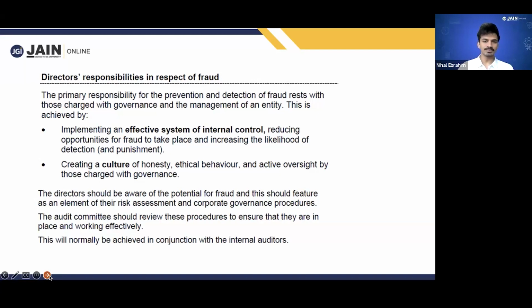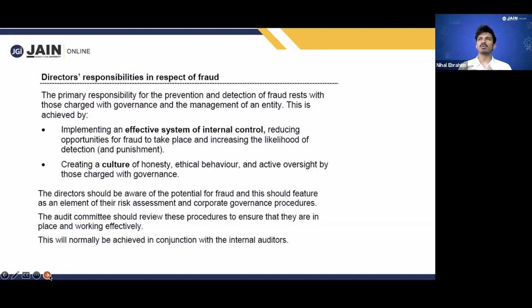That's direct controls. Okay. The second one is more indirect in nature because you're not exactly directly influencing fraud, but you're doing things which will influence fraud indirectly. You create a culture of honesty, ethical behavior, and active oversight. By doing all this, you can ensure the integrity of your employees, and because of that, fraud will be reduced.